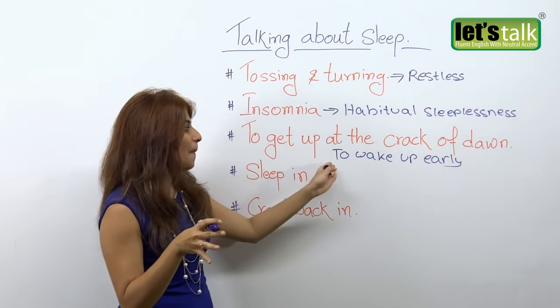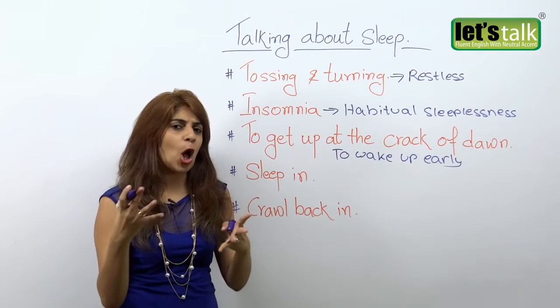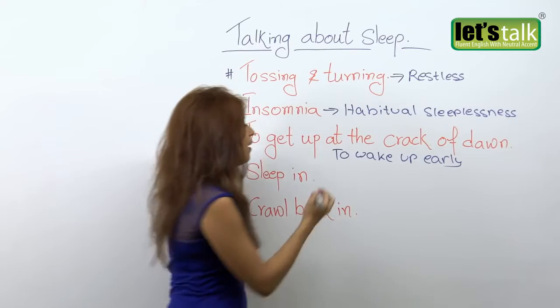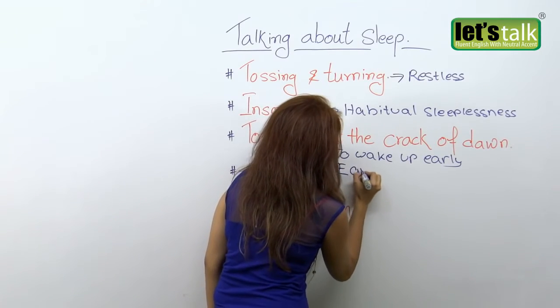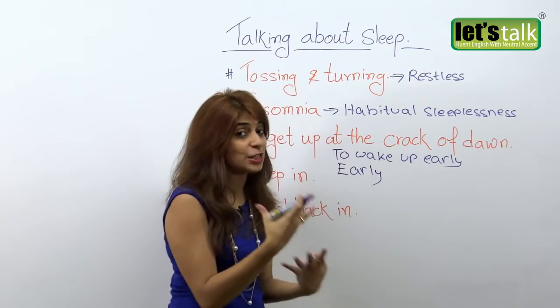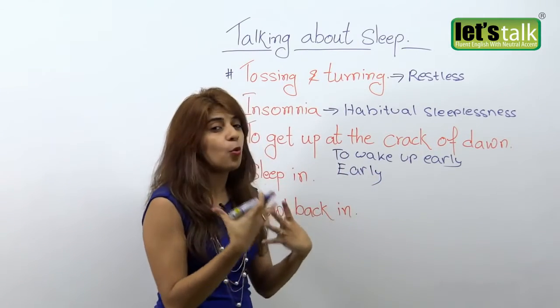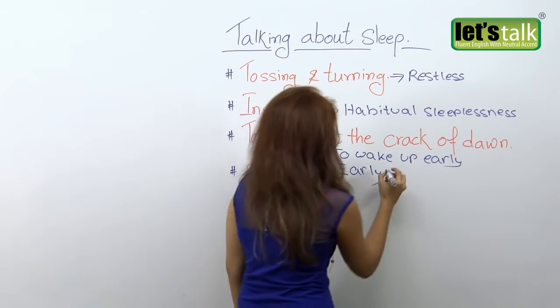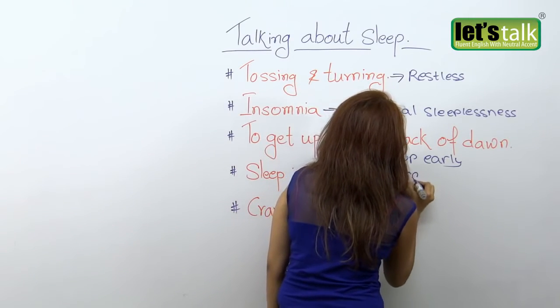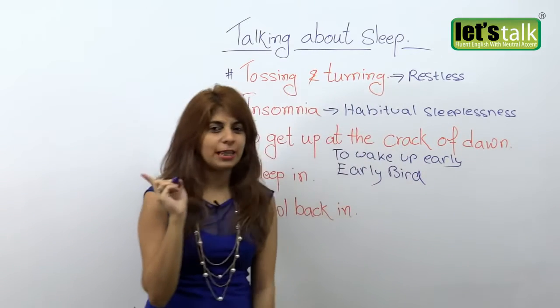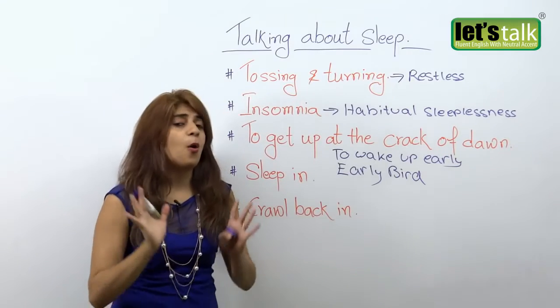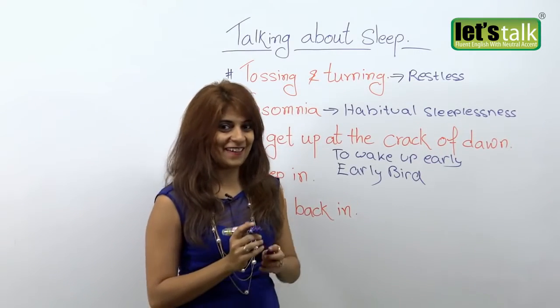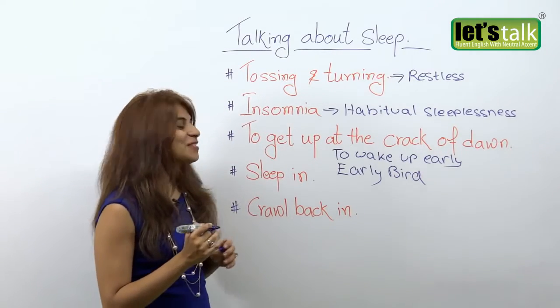Many people are also called early birds. That's another phrase that you can use for people who wake up really early. She's an early bird, which means she wakes up way too early in the morning, okay? So that's how you can use this phrase.